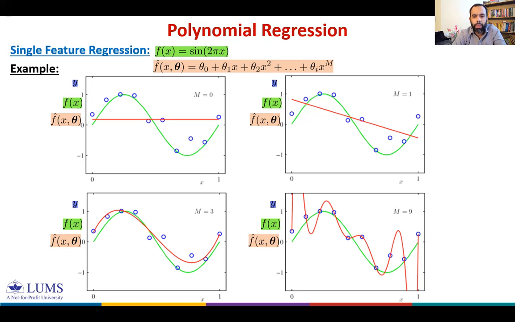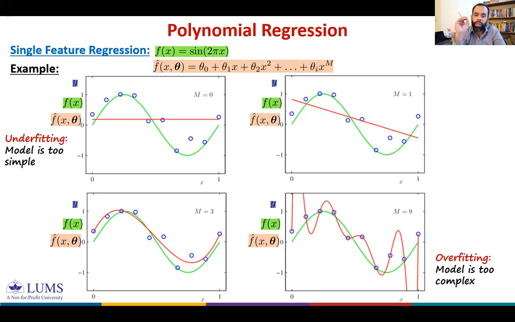So when m is equal to 0, we had underfitting. The model is very simple. But when m is equal to 9, the model is too complex. So we have overfitting. In fact, the model is not very complex, but there is some issue with the fitting.